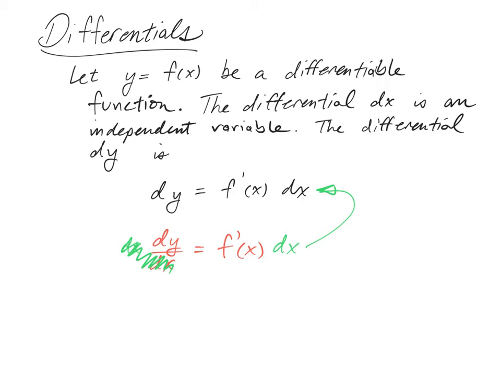So we will, and this is going to be a very good setup for the next big topic in calculus, called integration. And finding differentials is easier than you might think. Let's take a look at a few examples.